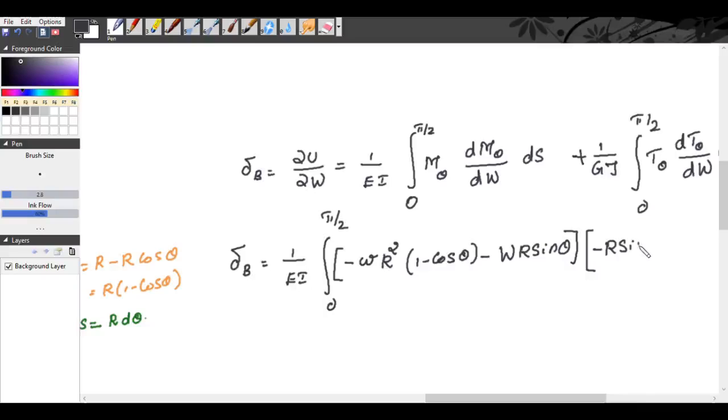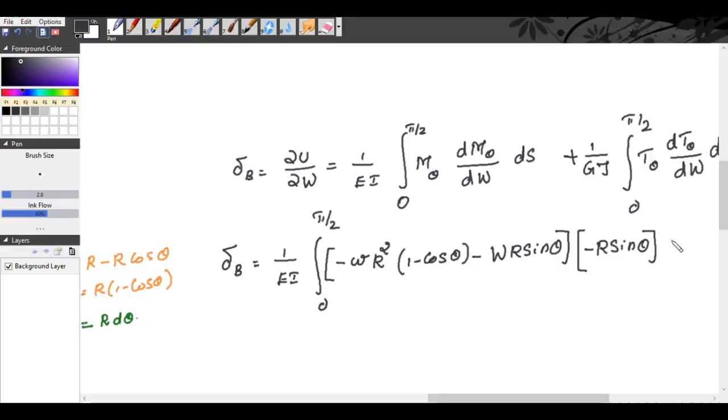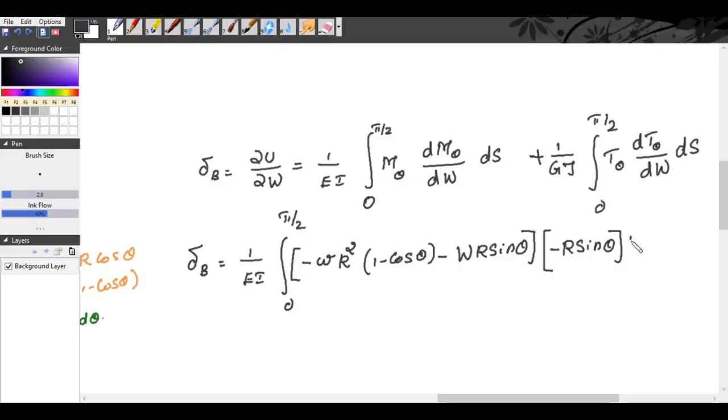Minus r sin theta into ds, which is r d theta.